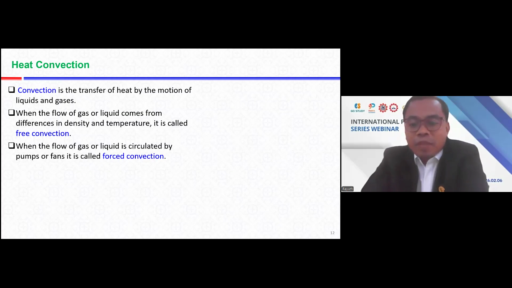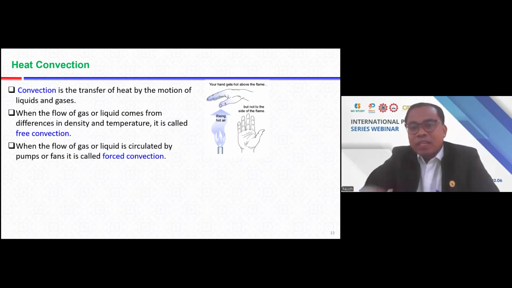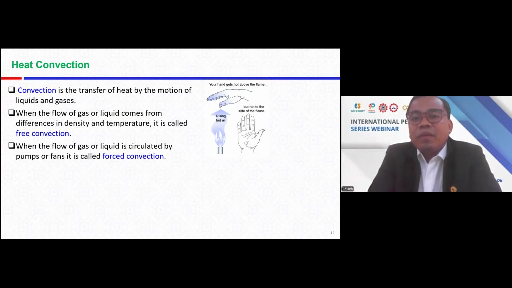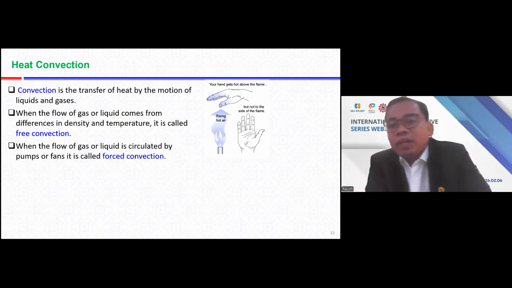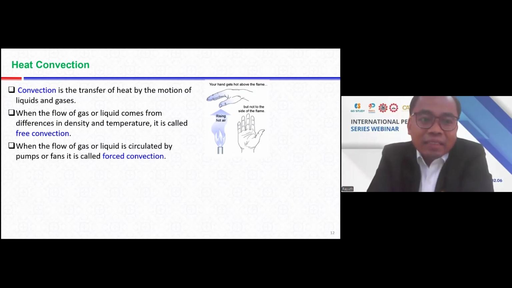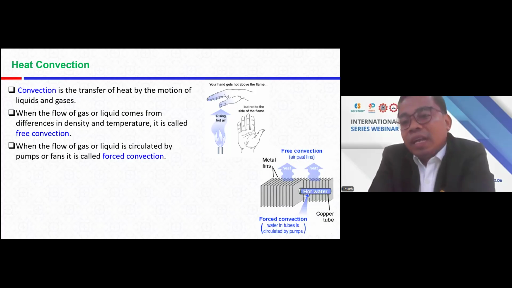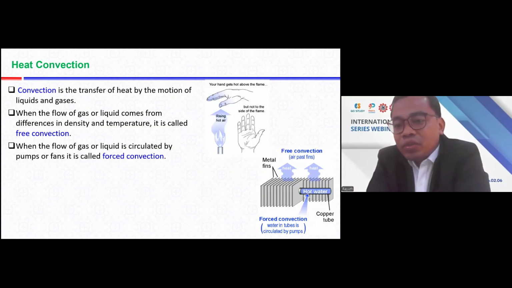For example, the person does not get the heat directly from the lights; we feel the heat because of convection, free or forced. Forced means you use another tool like a fan or air going through our hand, so we feel the heat moving. Another example is water in a tube moved by a pump.